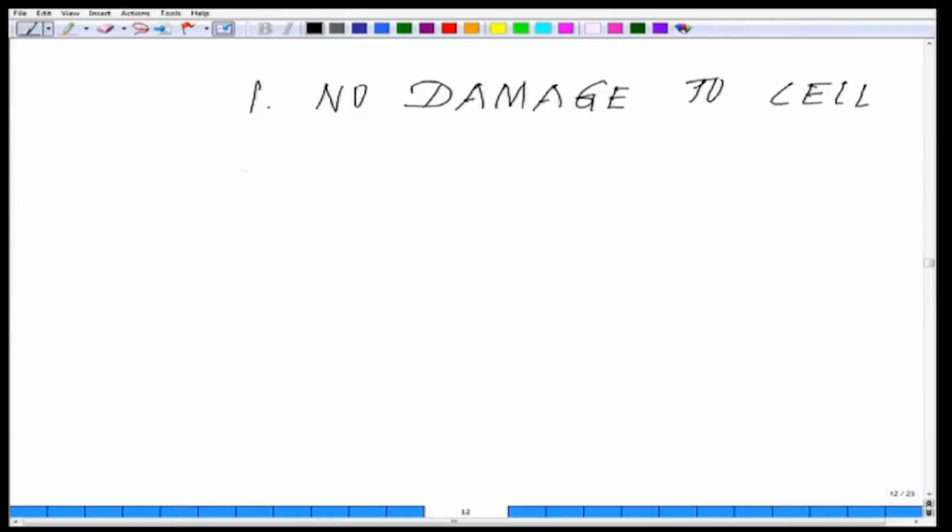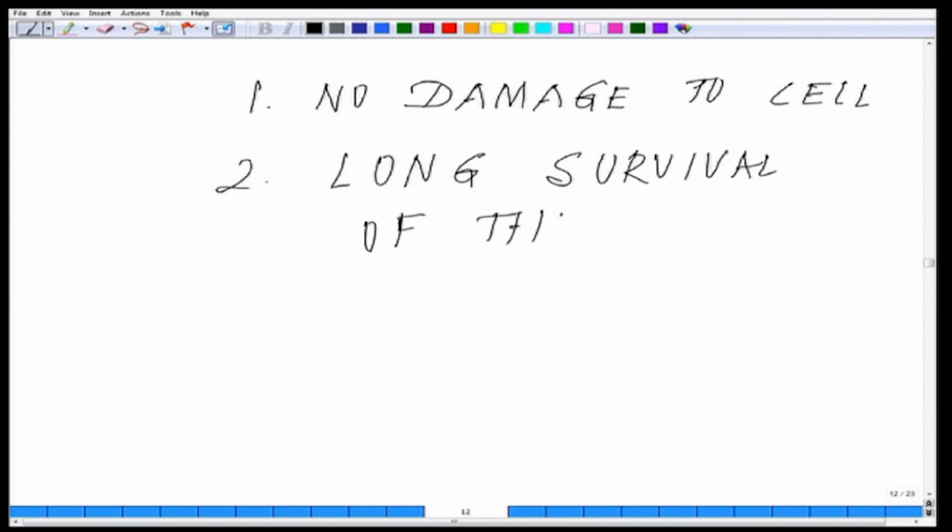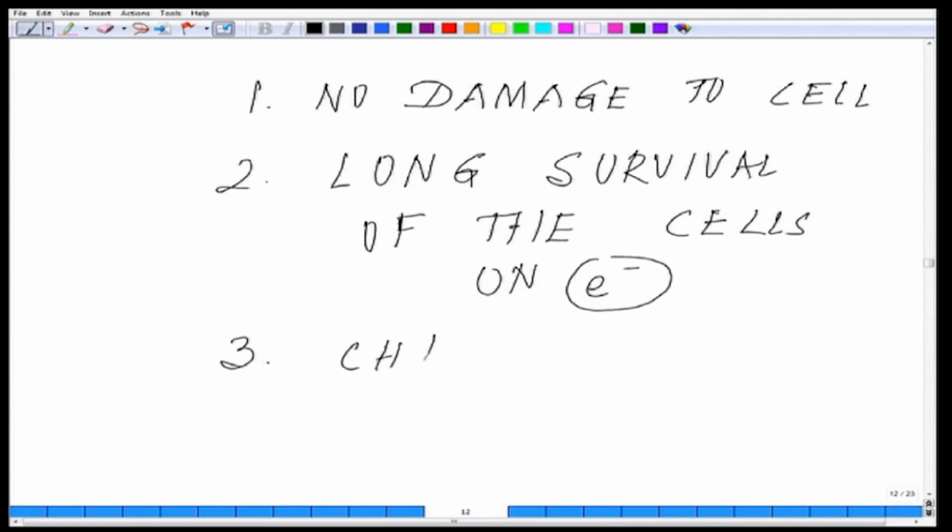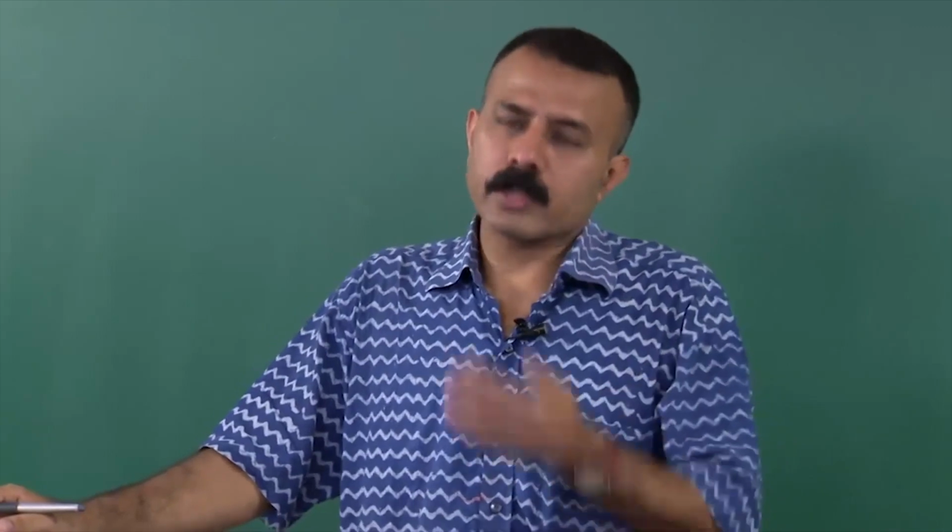Second, long survival of the cells on electrode, of the cells on electrode, just I am showing by E. Then you can do all the chronic experiments or long-term experiments related to drug discovery and everything. This is the situation when you are doing the recording outside the human body on a culture dish.